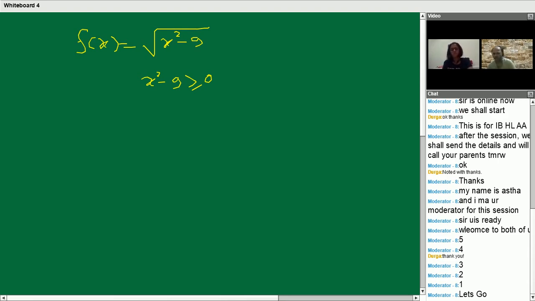So can we factorize this one? x plus 3, x minus 3. Perfect. So x plus 3 times x minus 3 is greater than or equal to 0. There are two ways to find the answer. Let me discuss a rule. If you are able to remember this rule, finding the answer would be easier.